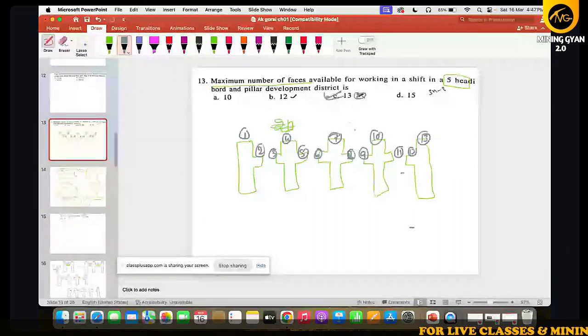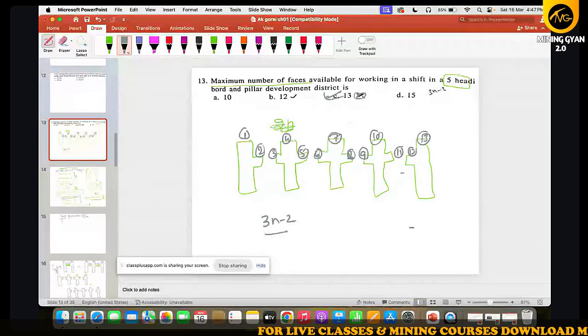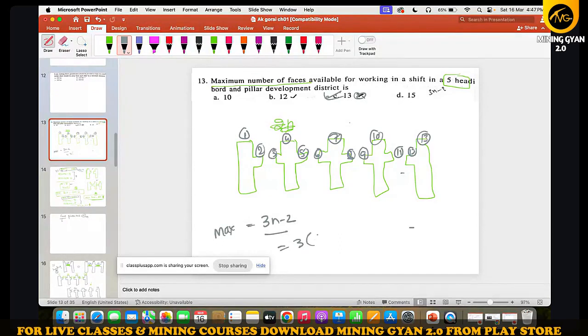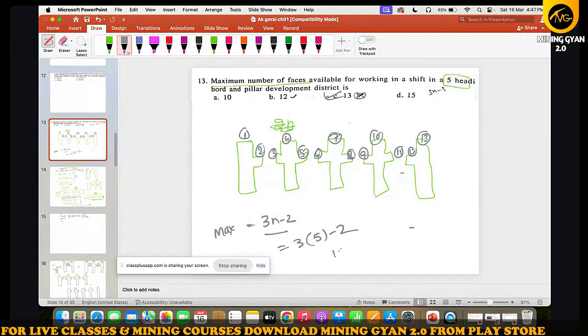Okay, otherwise you can use your formula 3n minus 2. So when we put the value, 5 threes are 15 minus 2, you can find 13.